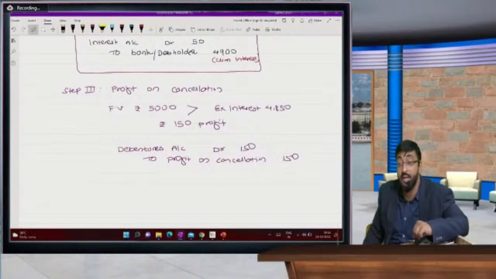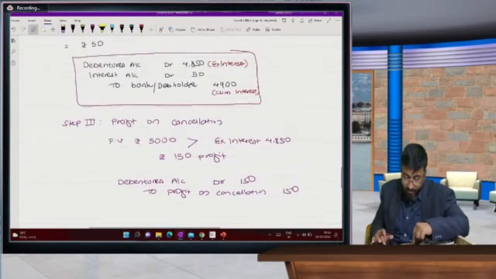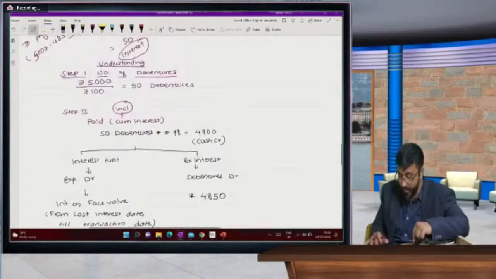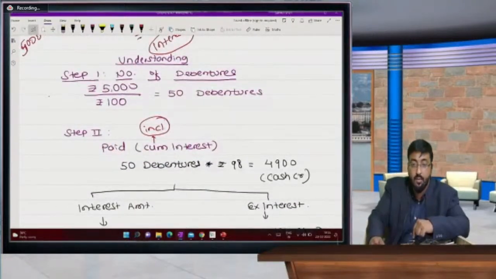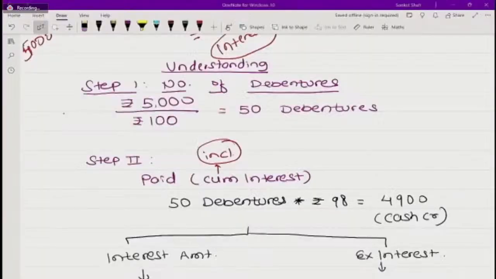Now I will tell you the shortcut of this. Can we take screenshot of your written answers? Yes, beta, you can take screenshot. Understanding. I hope you have written it.